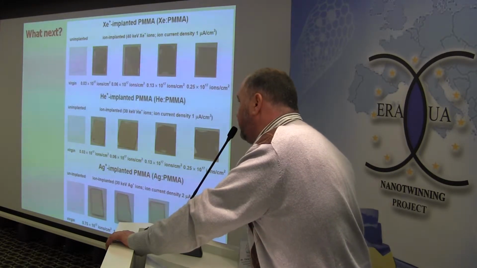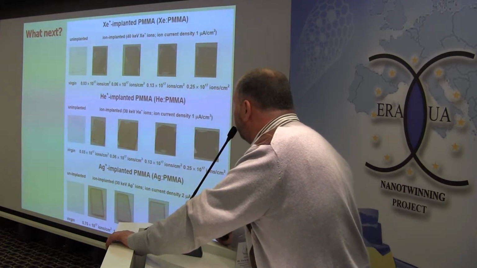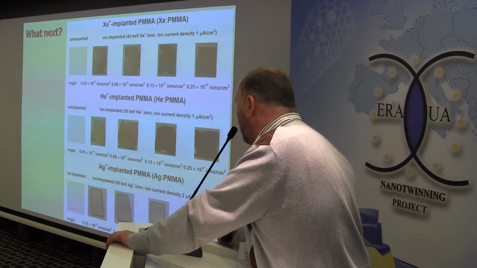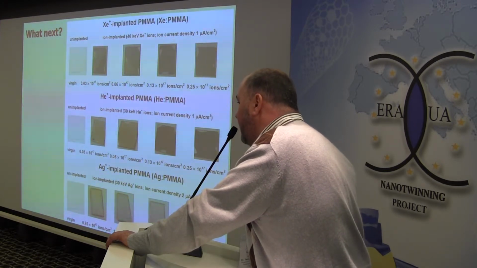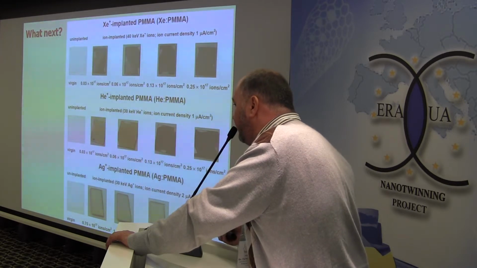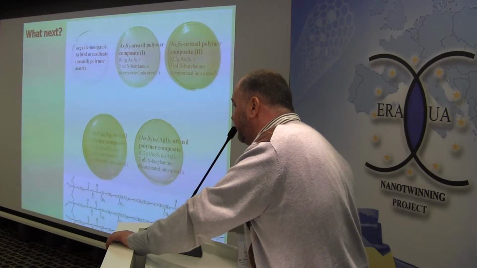And what next? We plan to study next xenon implanted PMMA, helium implanted PMMA, and silver implanted PMMA at different ion doses, in order to find how the change of type of implanted ions will affect the carbonization and free radical formation processes. And also we would like to change the matrix.